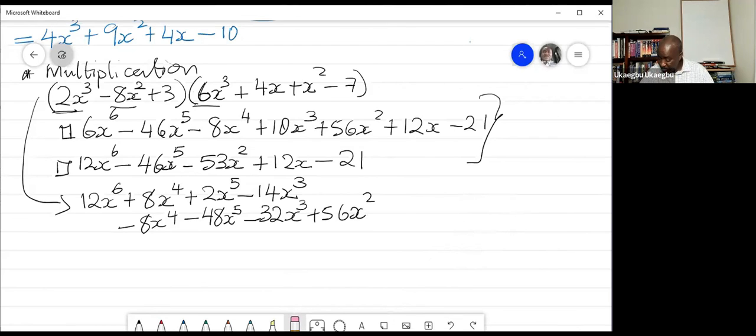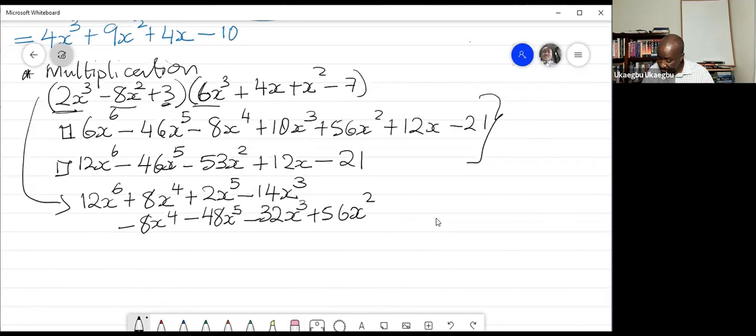Now, we repeat the process for 3. 3 times 6 is 18, 18x raised to power 3. So we have plus, I'm sorry, hold on. We are now dealing with 3, going round.